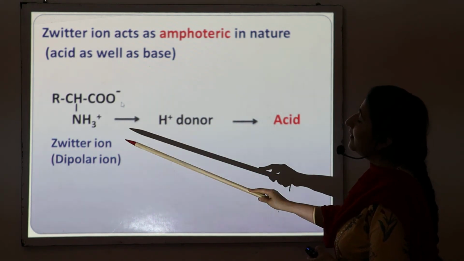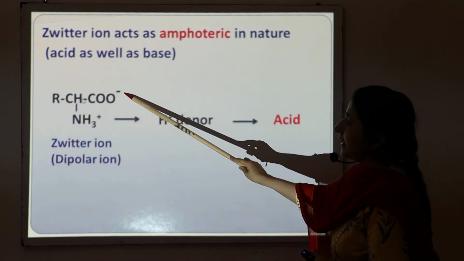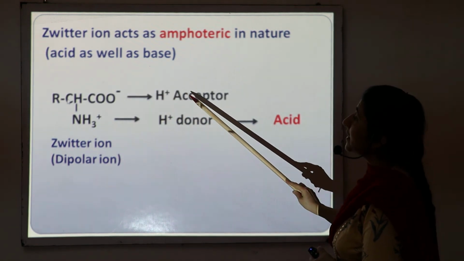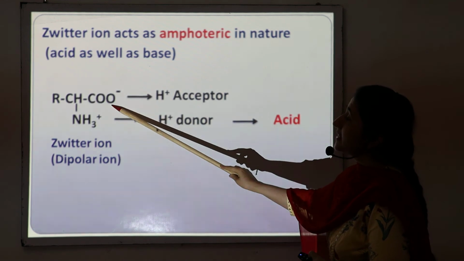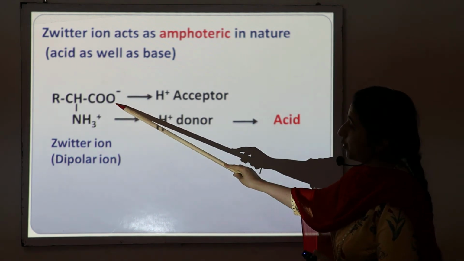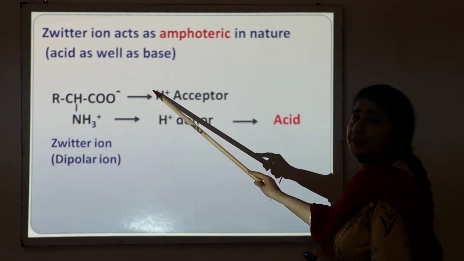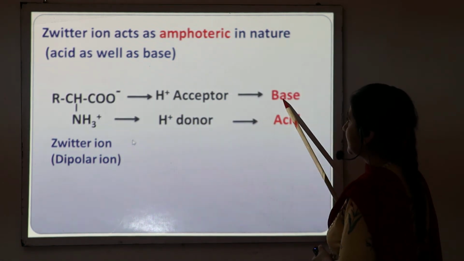On the other hand, this is a COO negative carboxylate ion. It has a tendency to accept the H positive to form a stable COOH group. The substance which accepts the H positive acts as a base.